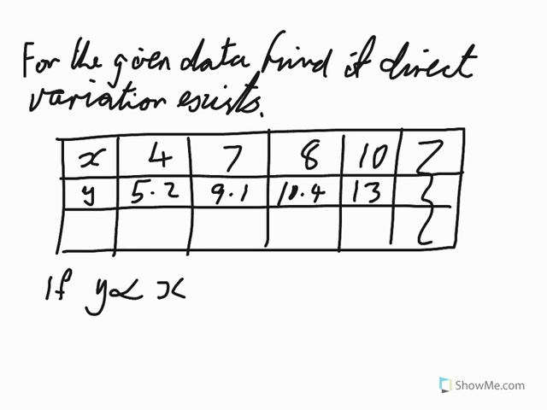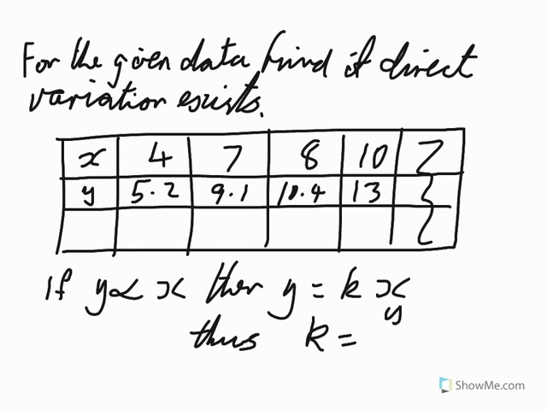Y is proportional to X, then Y equals Kx. And so from that, we can say when we rearrange that K, by dividing by X both sides, that K would be Y on X. So if we do that, 5.2 divided by 4, you get 1.3.